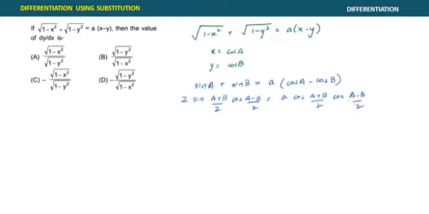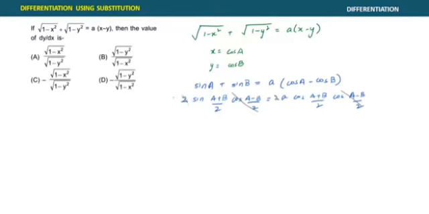Okay, and if you see, we can immediately cancel the term cos of (a minus b) by 2 from both sides. Also we get a 2 that cancels.